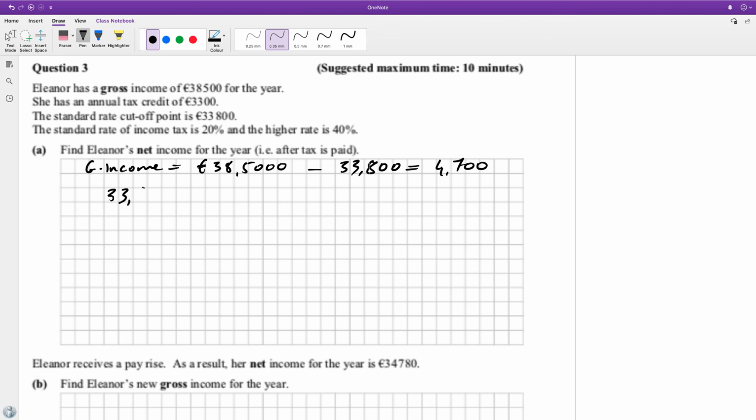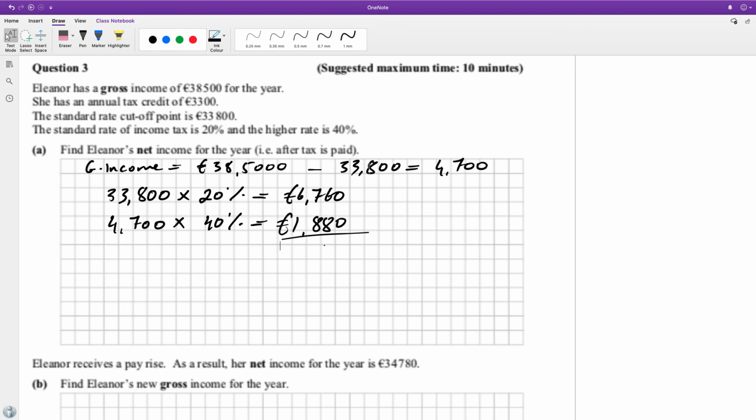So that is 33,800 multiplied by the lower rate of tax, which is 20%, which is 6,760, and 4,700 at the higher rate, which is 40%, which is 1,880.